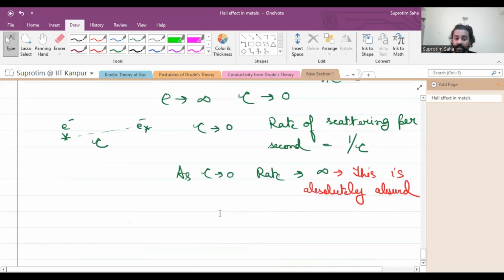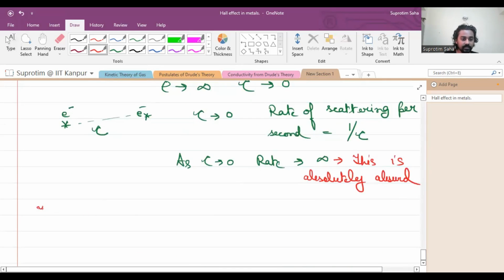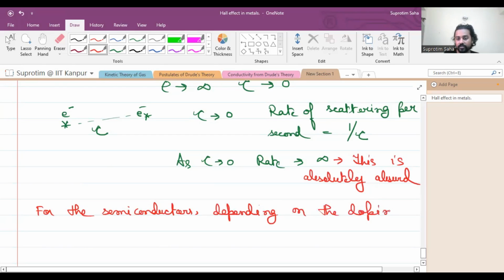So for a class of materials like the semiconductors, this is just info, depending on the doping concentration, R_H can be positive or negative.